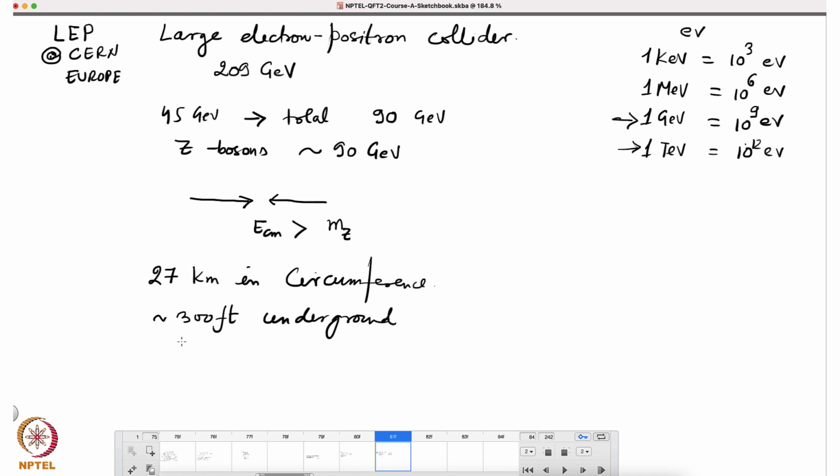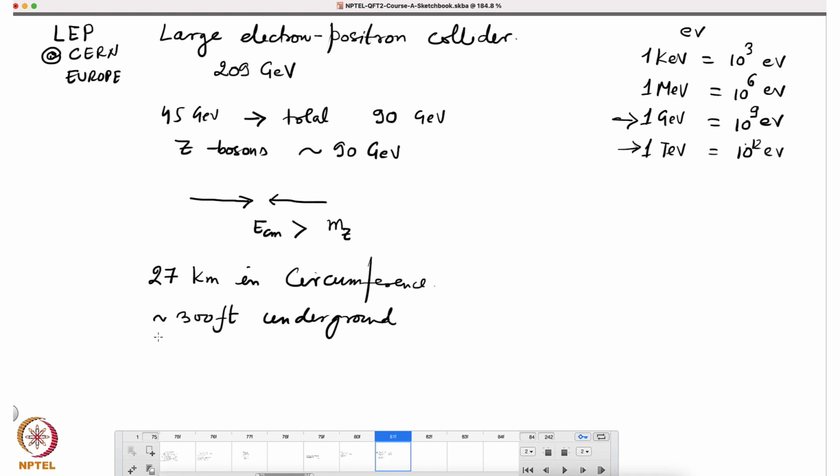Then this is 30 times that, meaning you are looking at a height equivalent to a building which is 30 stories high. So, that much deep you have to go in the ground, and it is at that depth where the LEP tunnel is located.